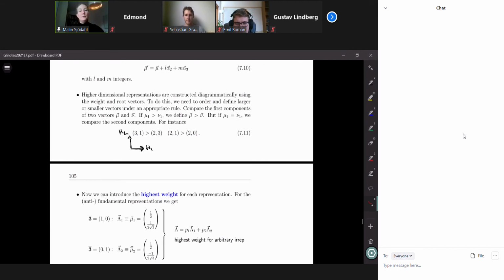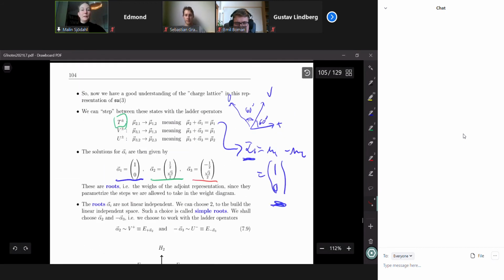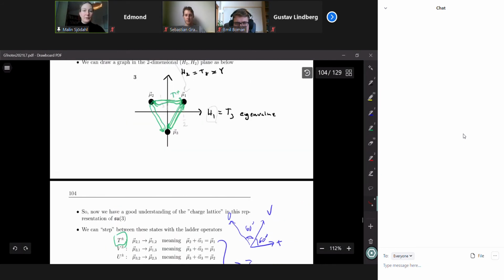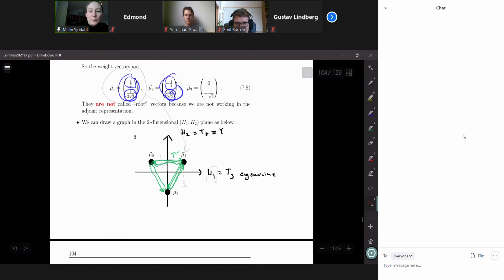So, for example, we can see what the highest state is for the SU3 multiplets here. So we want the one which has the highest weight for the first Cartan generator, and this is actually this guy because this is lower and this is lower, so we don't have to have a look at the second element to define that it's this guy.